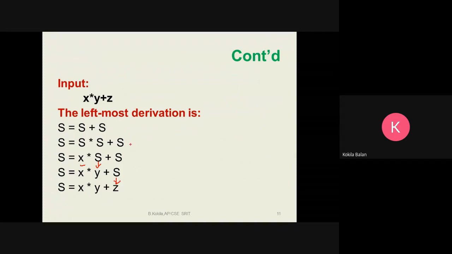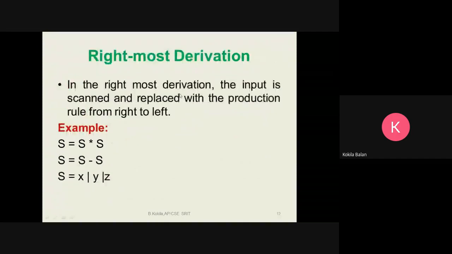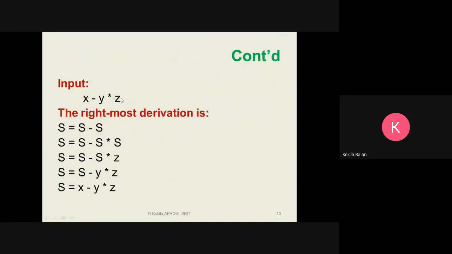And the same thing you can see in the rightmost derivation. The replacement starts from right to left. Similarly, here you have been given these productions: S turns to S star S, S turns to S minus S, and S turns to X, Y, and Z. Same thing, the input is given, and for this input we are going to generate the string.